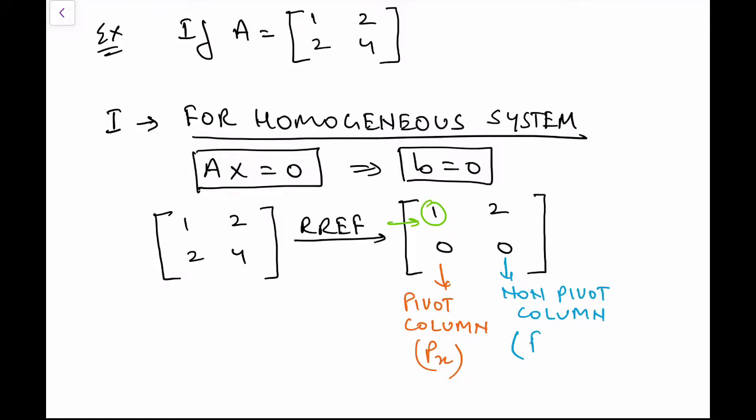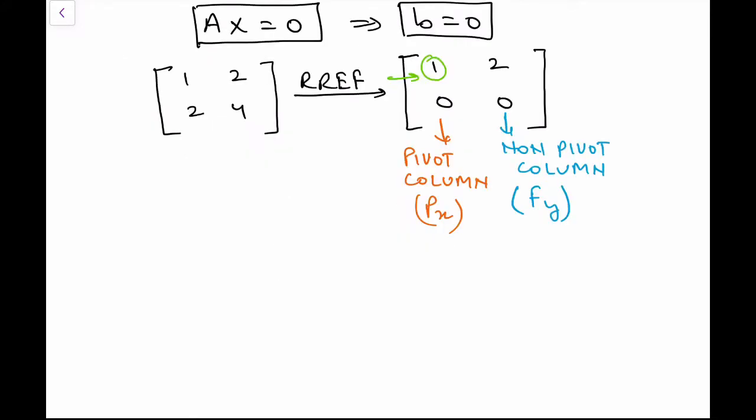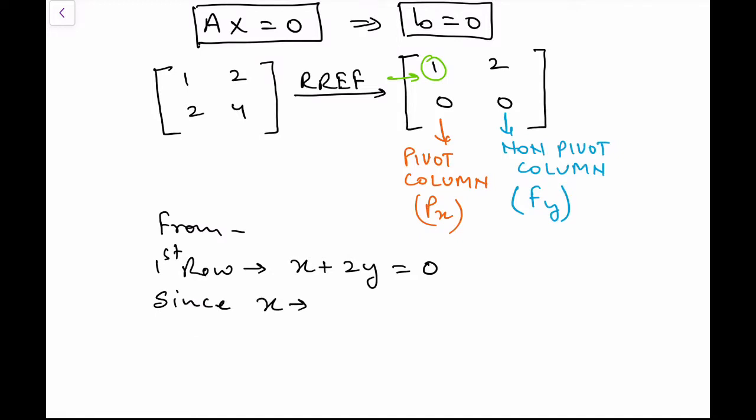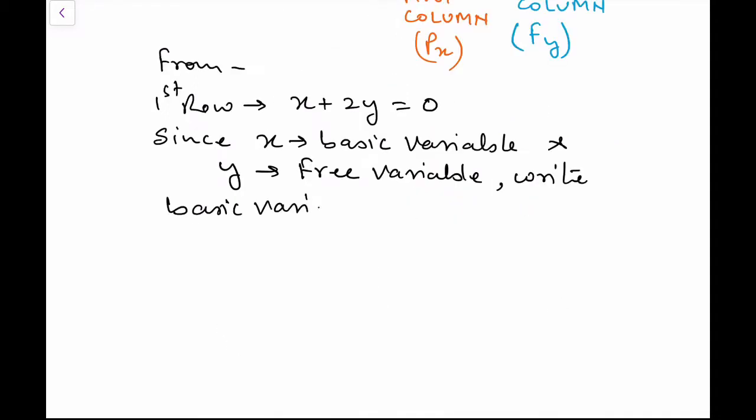So y is associated with the second column, so y is a free variable here. So from the first row we will get x plus 2y is equal to 0. Now since x is a basic variable and y is a free variable, write basic variable x in terms of free variable y.